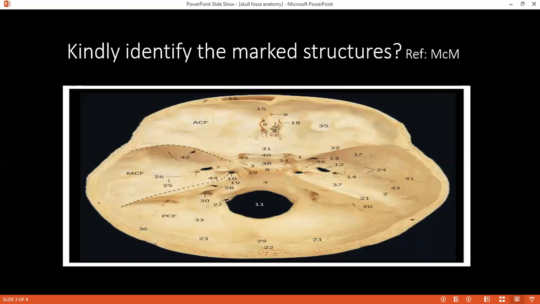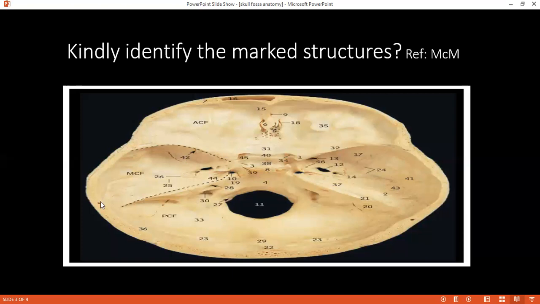Inferiorly it is covered by the fibrous septum, and superiorly it passes the internal carotid artery and petrosal nerve, superior inferior petrosal nerve. All right. Can you identify 42 over here? It is the superior orbital fissure.